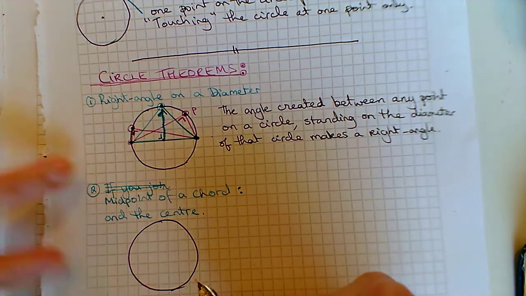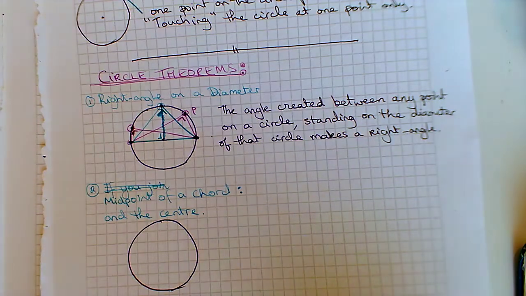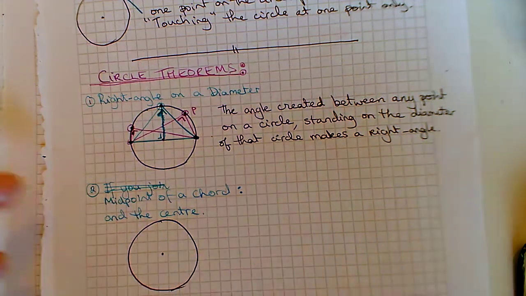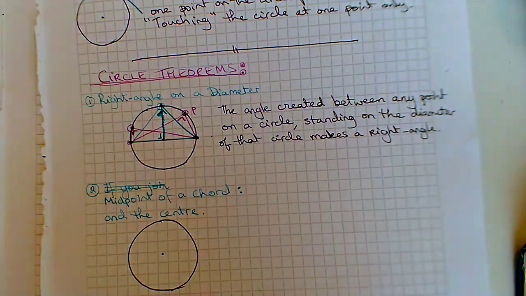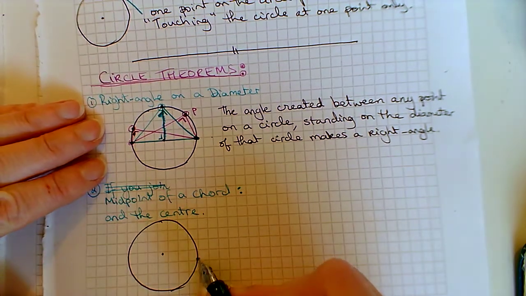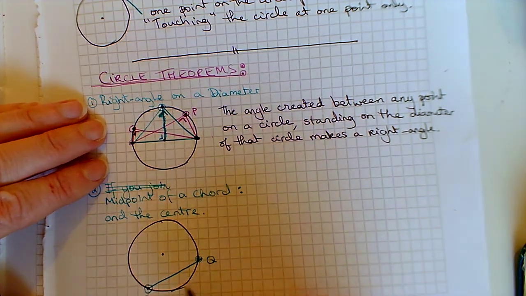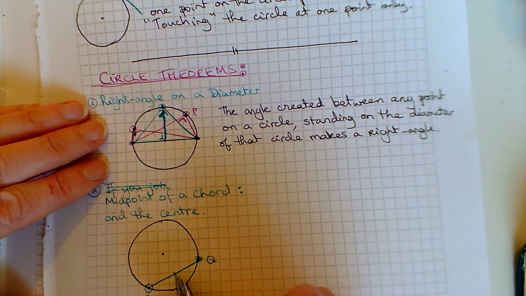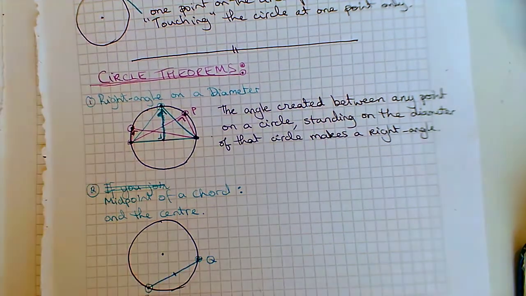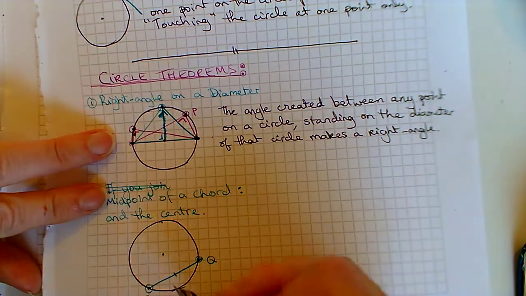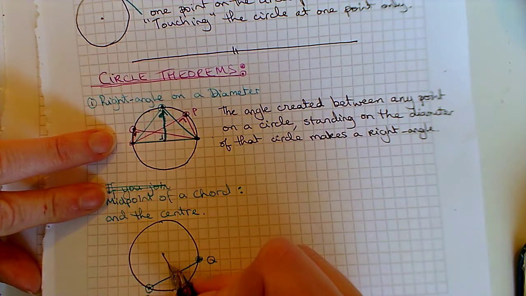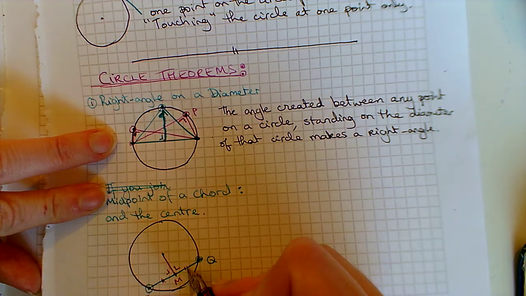So just remember that you're talking about the halfway point of a chord and the center of the circle. A chord doesn't usually go through the center. I pick any 2 points here like this, and the midpoint of those joined to the center will always make a right angle.